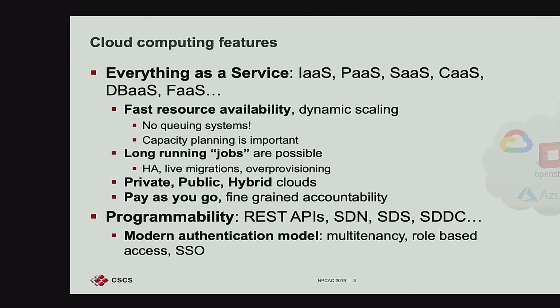The most common level of freedom is infrastructure as a service, which means that we let our users create their own VMs or deploy their physical bare metal nodes, get access to their storage, everything in a programmatic way. Then we have something like platform as a service, which is more similar to middleware as a service, software as a service.